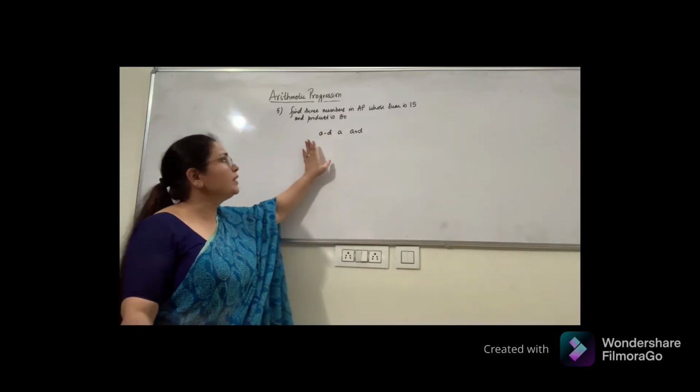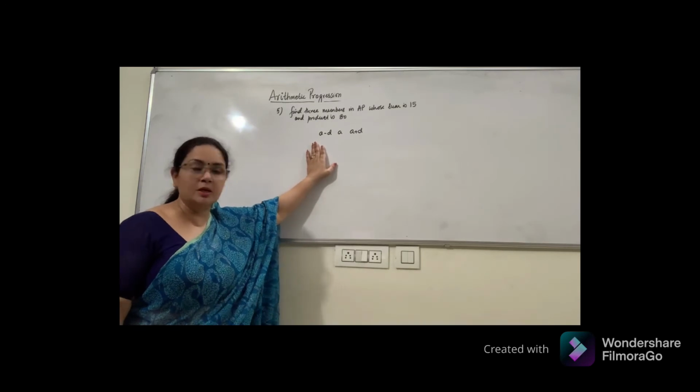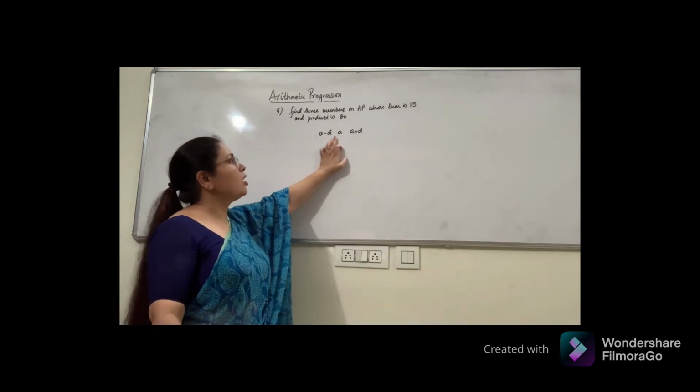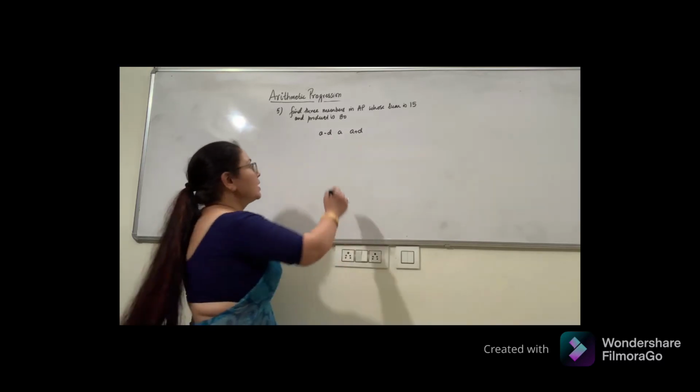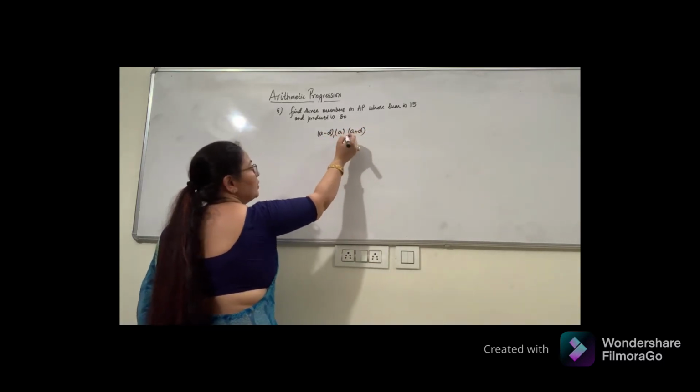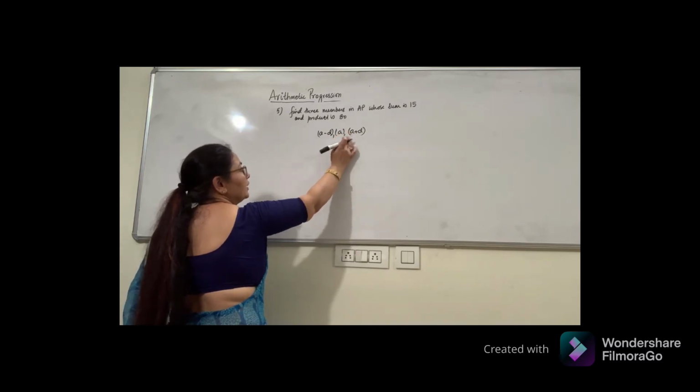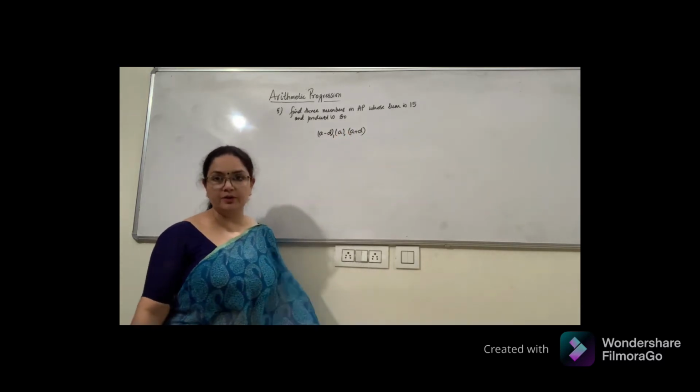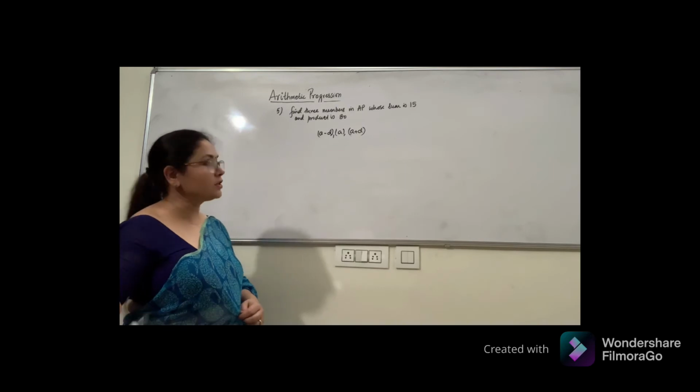So whenever we have to assume three numbers in AP, we write a minus d, a and a plus d. These are my three terms which are already in AP. Are they in AP? Yes, because if we subtract them from each other, we'll get d as a common difference.